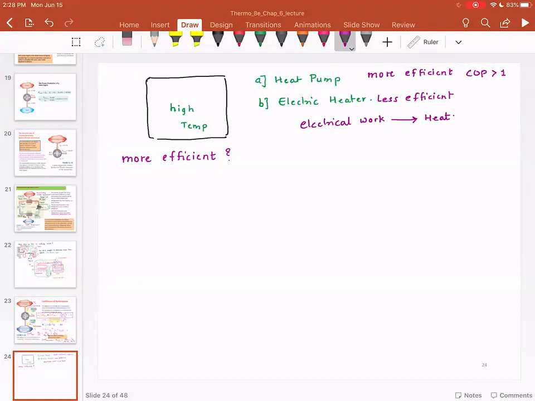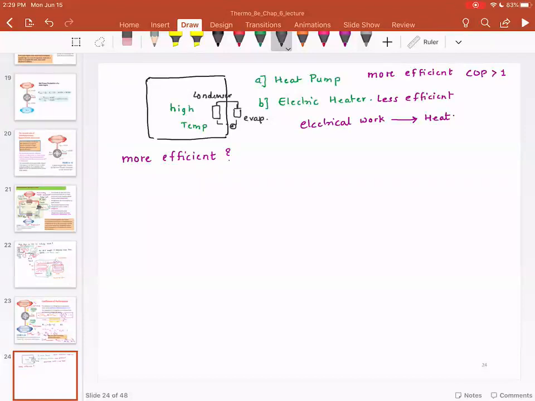So heat pump is more efficient than electric heater, but the problem with heat pump is, think about it like this. You will have to place the condenser inside and you will have to place the evaporator outside, and then there will be a compressor somewhere here. So this is the evaporator and this is the condenser.